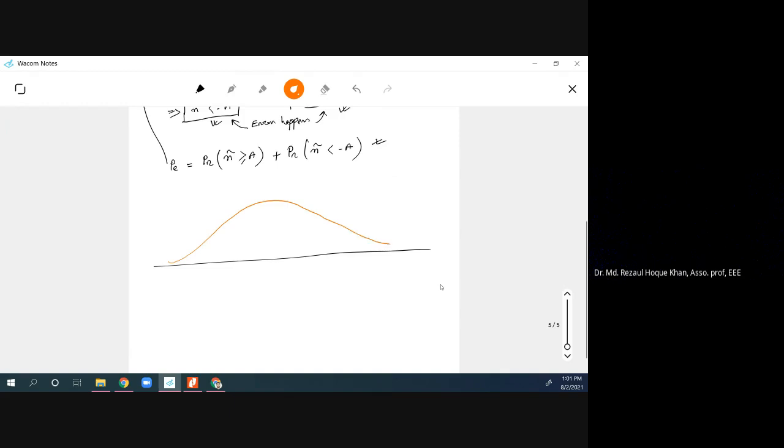This is a Gaussian distribution with mean 0.